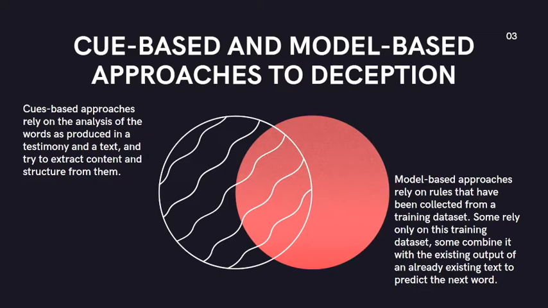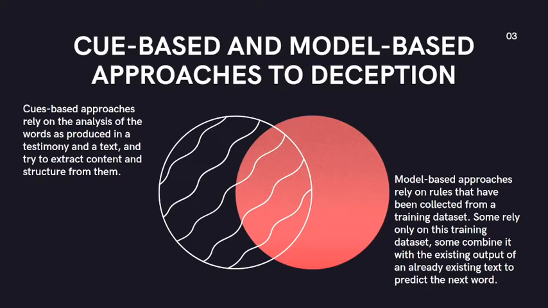Model-based approaches rely on rules that have been collected from a training data set. Some rely only on this training data set. This is something we commonly refer to as machine learning, and some combine it with the existing output of an already existing text to predict the next word. That's what happens when you type on your phone, right?